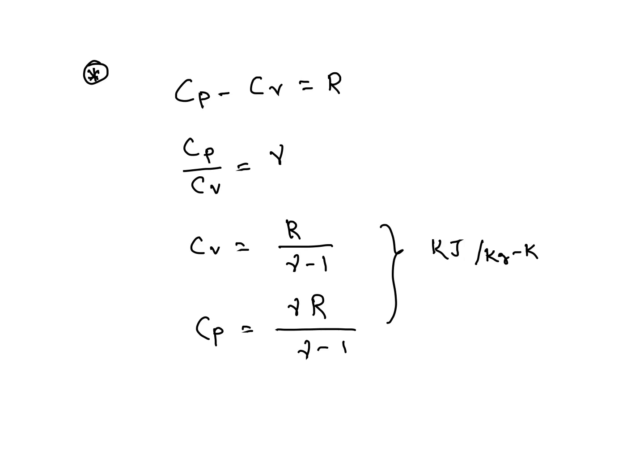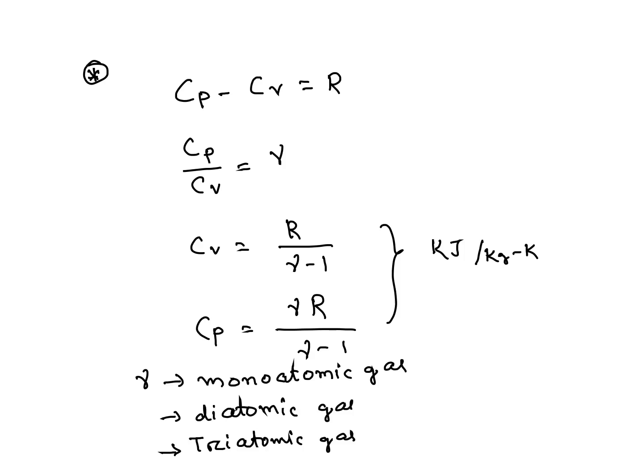And gamma standard values, specific heat ratio. Specific heat ratio for monoatomic gas is 1.67. This is the maximum value. And for diatomic gas or air, its value is 1.4, and for triatomic gas it's 1.33.